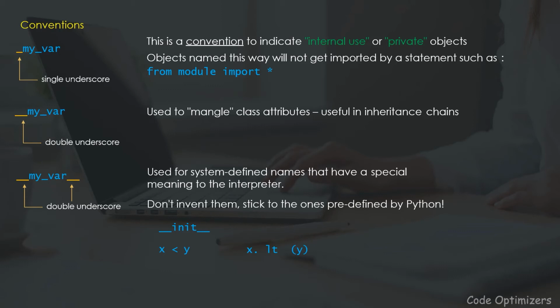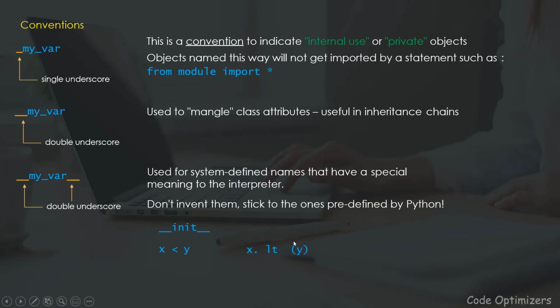And again, Python will look specifically for this method name, and when it finds less than, that's why these are system defined. What happens here is that the object x will call this lt function and pass y as a parameter.